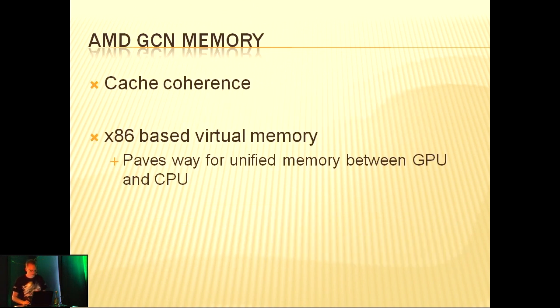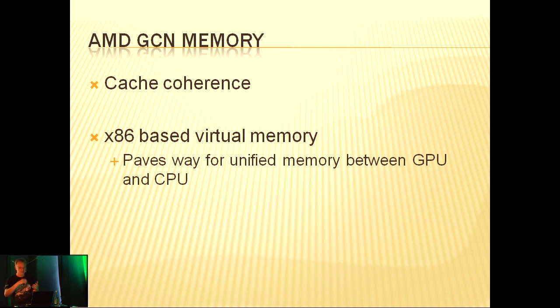A couple of words about the memory of the GCN, because I think it's interesting: it has cache coherence, which is a great thing for general purpose computing. Cache coherence basically means that it uses the L2 cache, which is shared by the different CUs, to keep all the L1 caches coherent.